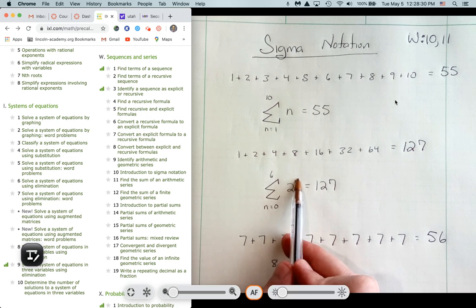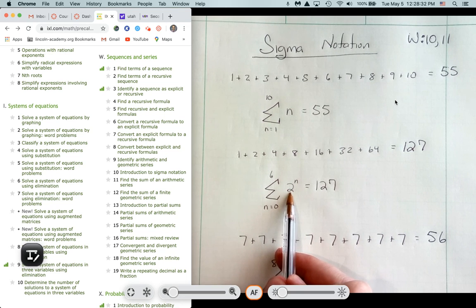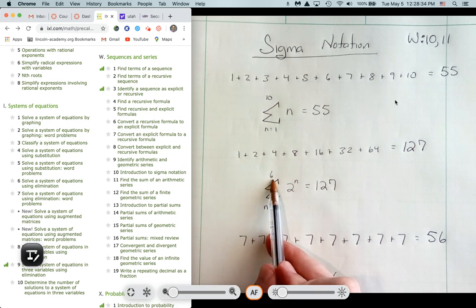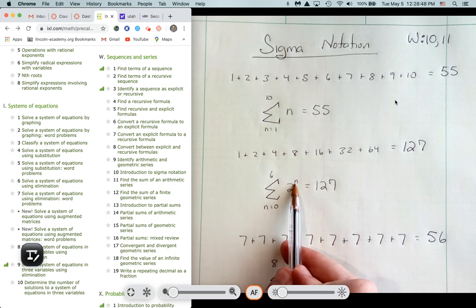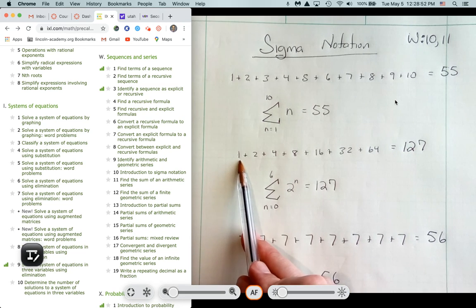And so I can do that with an exponential equation. I want you to notice here that I start with an n value of 0 and I go up to an n value of 6. That means there's actually 7 terms, 1 through 6 plus the 0. The reason I started with 0 is, what's 2 to the 0 power? Well, 2 to the 0 power is this leading 1.